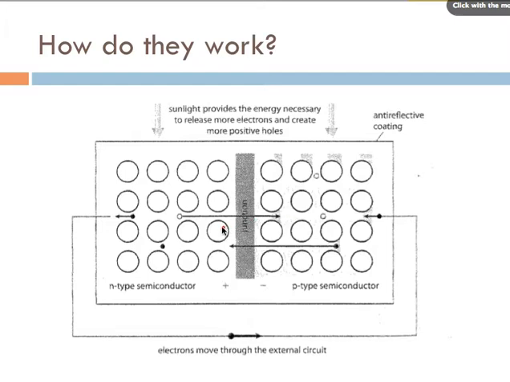So electrons move from the N-type to the P-type, okay, depleting the N-type. That ends up with the N-type being positively charged and the P-type being negatively charged because of this migration, causing a driving force to move the electrons this way and the holes to migrate that way.